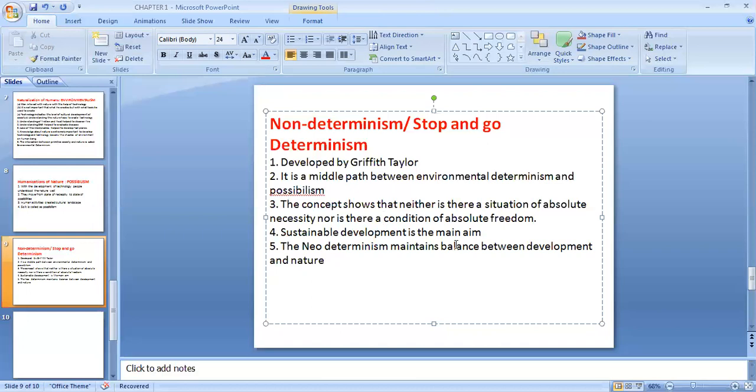Let's see, if you follow only environmentalism, then you are not able to develop. And if you need development, you have to go against nature. But if you need only development, then you are destroying nature, and when you destroy nature, it will take another way and become dangerous to us.